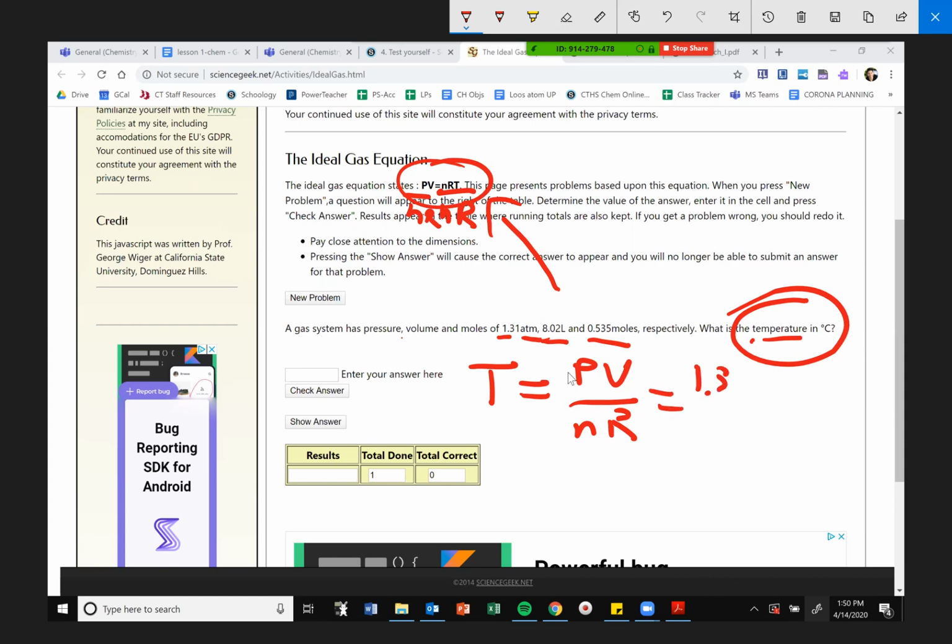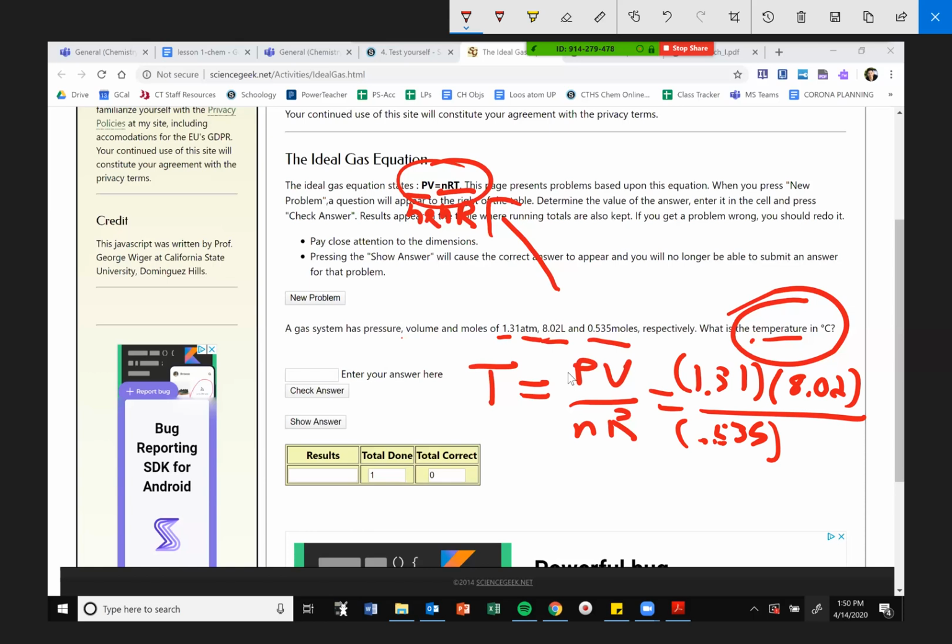I have 1.31 atm for pressure. I have 8.02 liters for volume. For number of moles, I have 0.535. And then I need to plug in R. R is the ideal gas constant.